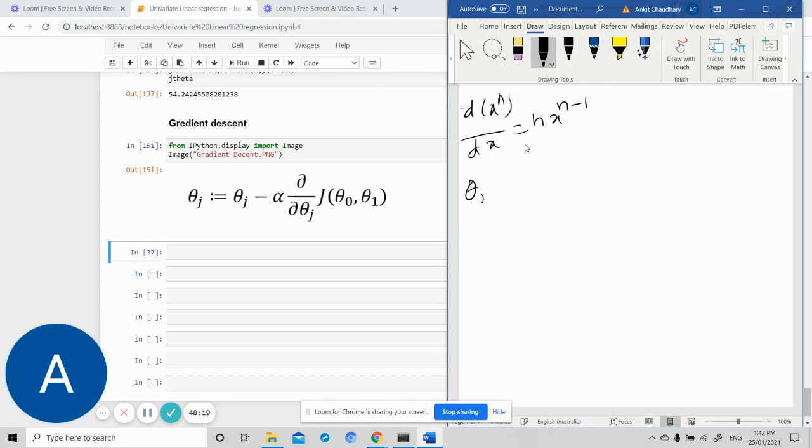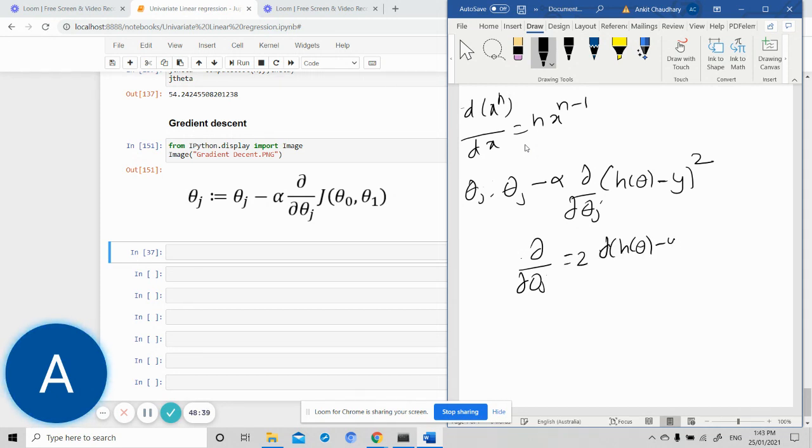So we know theta j is theta j minus alpha times the derivative with respect to theta j of h of theta minus y, whole square. If we do the derivative with respect to theta j, this will become 2 times h of theta minus y, times d of h of theta minus y divided by d of theta.